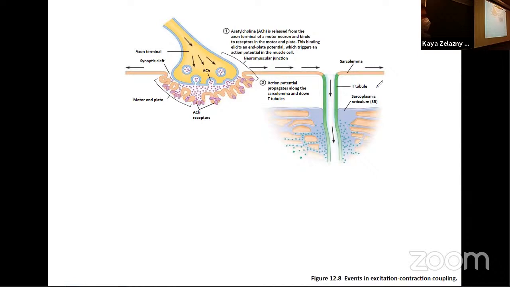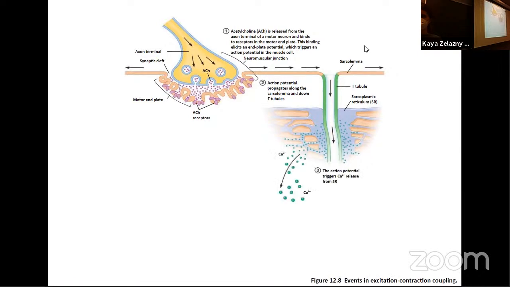The sarcoplasmic reticulum's job is mainly to hold calcium. These little green things in here are our stored calcium. The muscle cell needs that calcium stored in there so that when it gets the signal, it can release the calcium to tell the muscle cell to contract. So as the action potential moves down the T tubule and comes into contact with that sarcoplasmic reticulum, we're triggering the release of calcium.